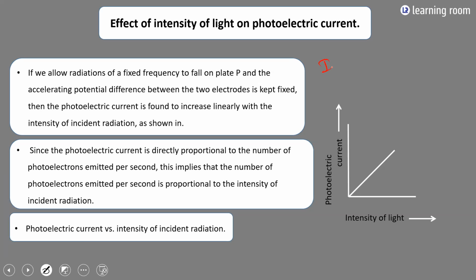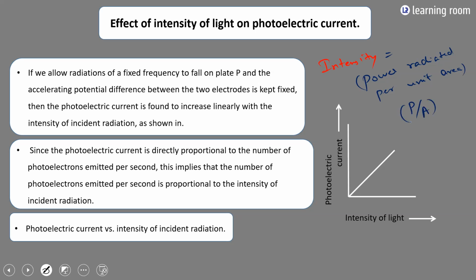Now, if I have to give you a definition of intensity, it is defined like this. Intensity is the amount of power radiated per unit area. So P divided by A is going to give us the intensity.